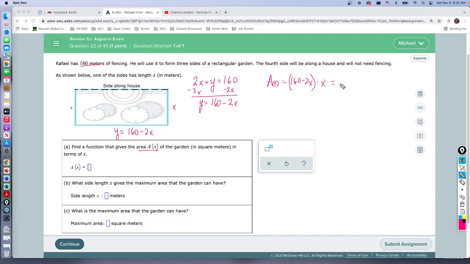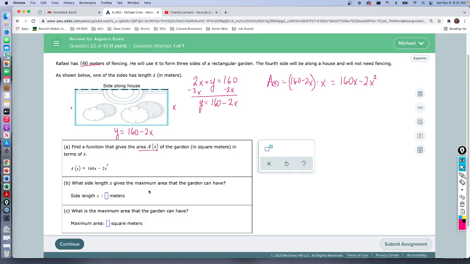And of course, we'll distribute this through, so we end up with 160x minus 2x squared. So we see we have a quadratic, and we go ahead and enter that in. That's going to give us our area. And again, we're using x, so just make sure you're using the right variables.